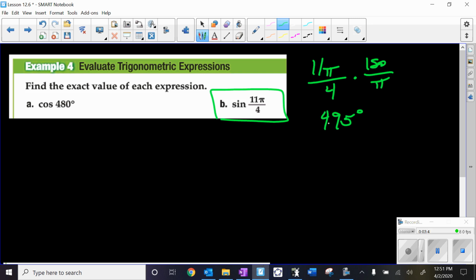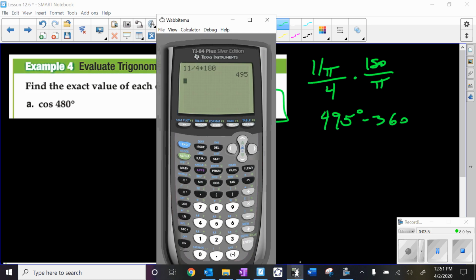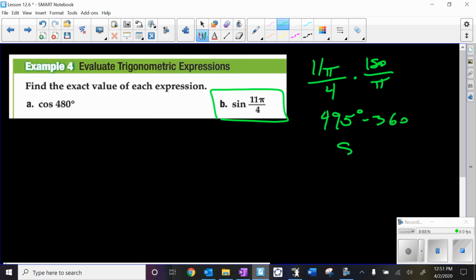Again, I don't have any location that shows 495 on my unit circle, so we're going to subtract away 360. 495 minus 360 is the same thing as 135. So let's find sine of 135 degrees.